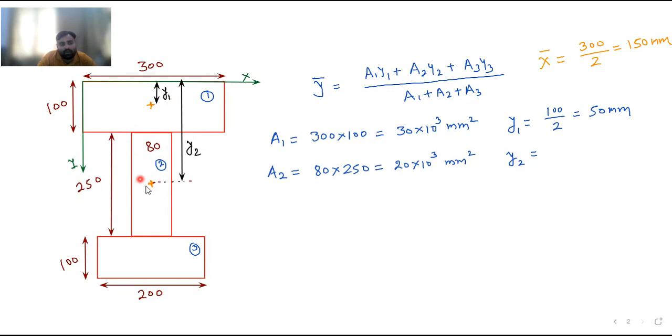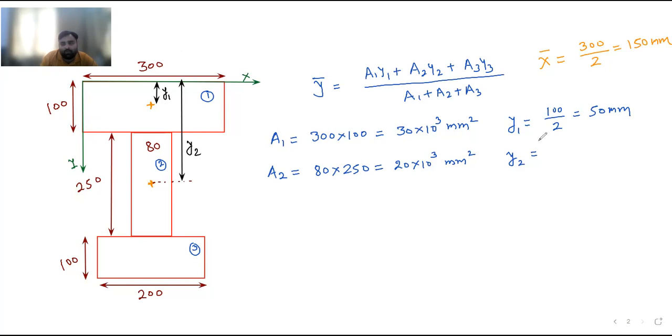So the center of the rectangle will be at b by 2, d by 2. This is our second area we have considered. If this is 250, then the centroid will be at a distance of 125 from the top. So this 125 plus this 100 will be 225.